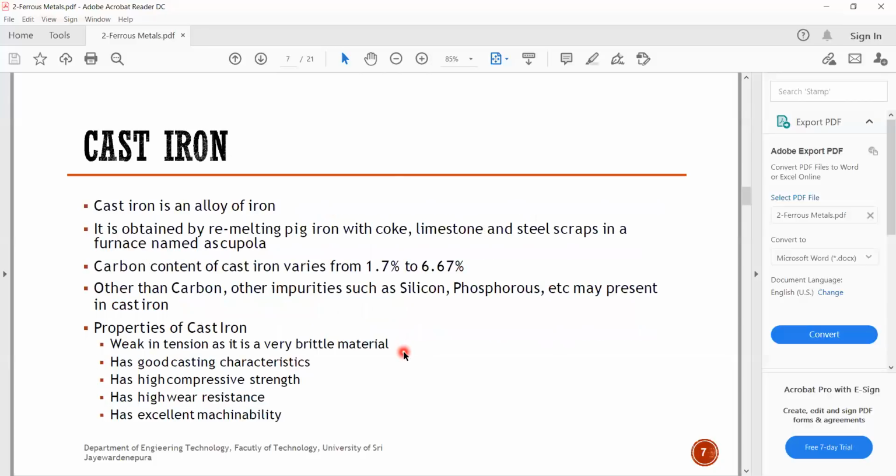Second one, cast iron. Cast iron is an alloy of iron. Alloy of iron means it has carbon, then iron. Other than that, it has impurities.